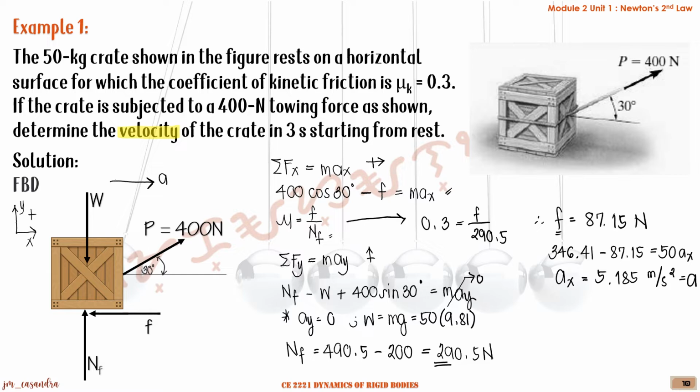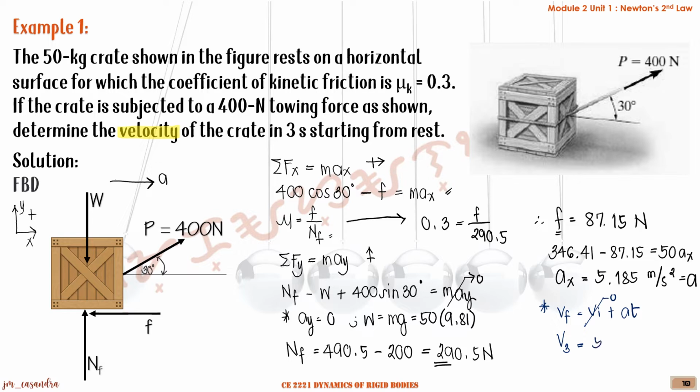To solve now for our velocity, we could apply our kinematic equation, which is Vf equal to Vi plus at. It's starting from rest, therefore Vi is equivalent to 0. So Vf, or V at 3 seconds, is equal to a constant acceleration. At any position, this is our acceleration.